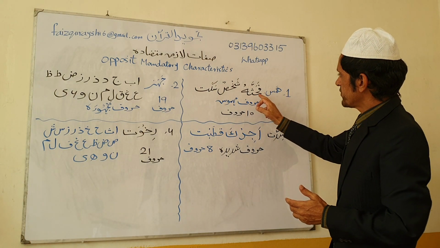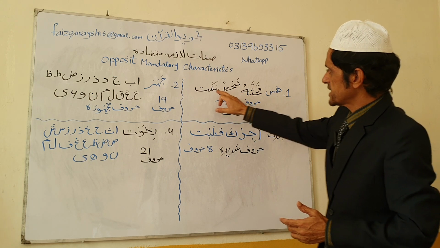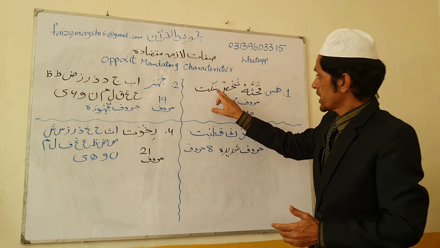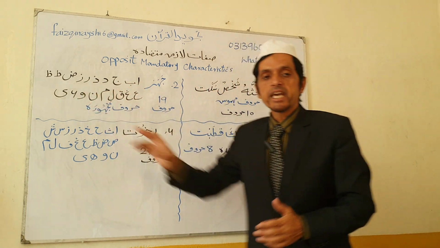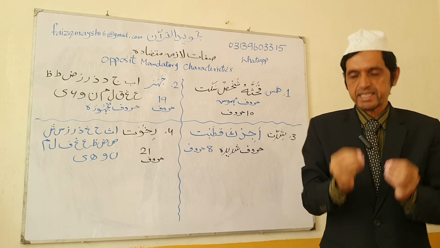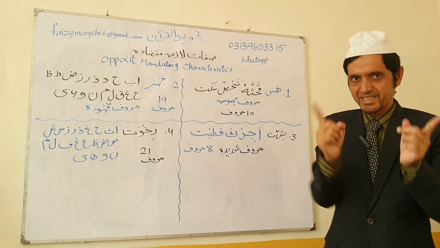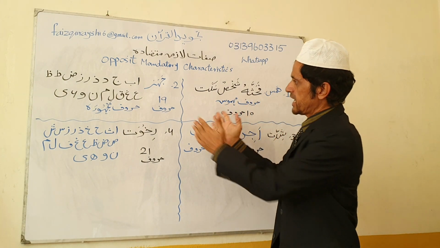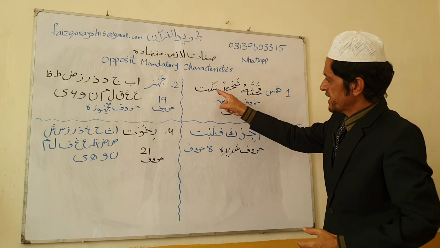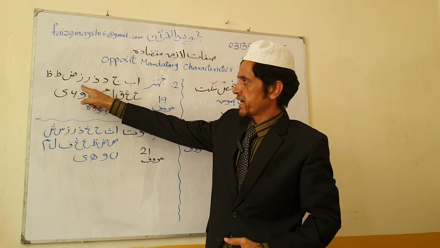For example, compare sin with za. Za and sin are letters of the same makhraj. Swad, za, sin, they are hurufi safir. Their articulation point is the same, but they are different in these characteristics. So in sin you can find hams, and in za you can find jahar.